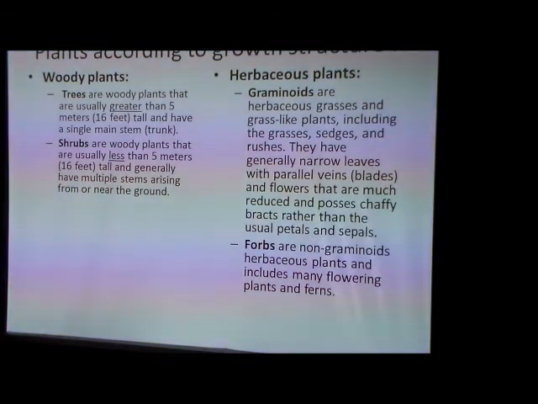Other than that, you expect to see woody plants and shrubs in some areas, and you expect to see graminoids and forbs in other areas. This division almost makes more sense to me if I'm looking at habitat, because woody plants and brush are going to be in certain areas.